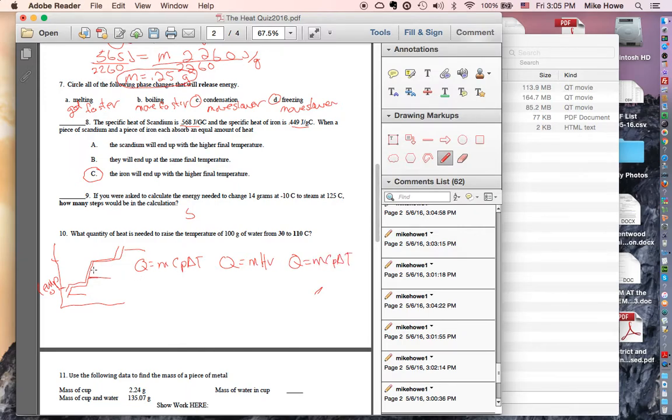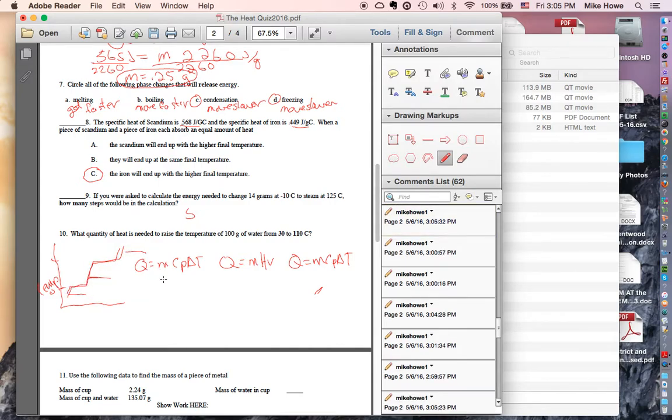All right, so for the first one, the first area would be from 30 to 100, because you got to go from 30 up to the boiling point. So the mass, same every time, is 100 grams. Specific heat capacity, 4.18. In order to keep from getting real jumbled up, I'm going to leave the units off. And the delta T is 70 degrees.